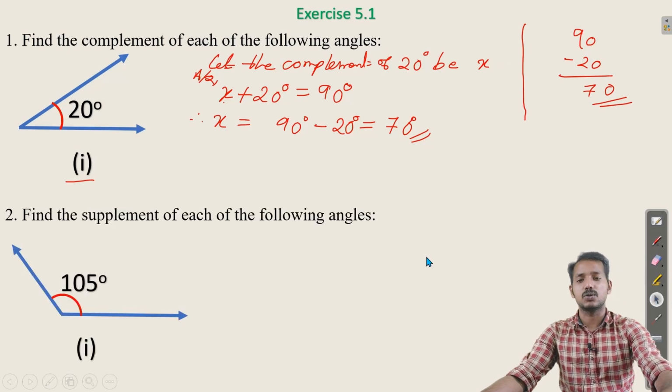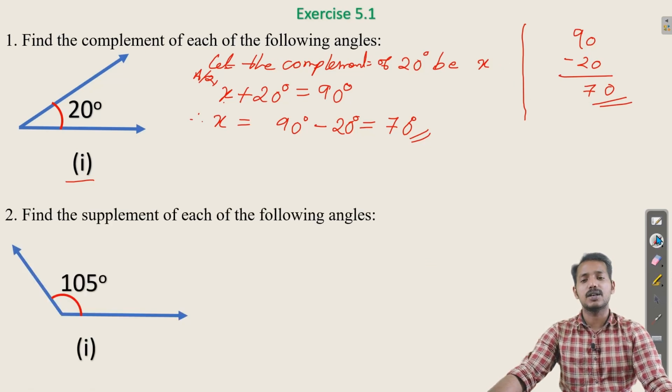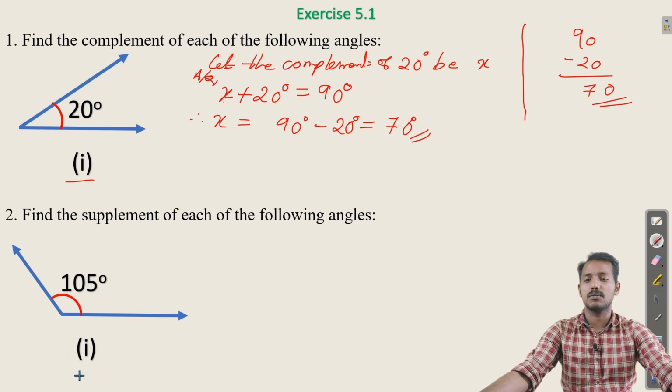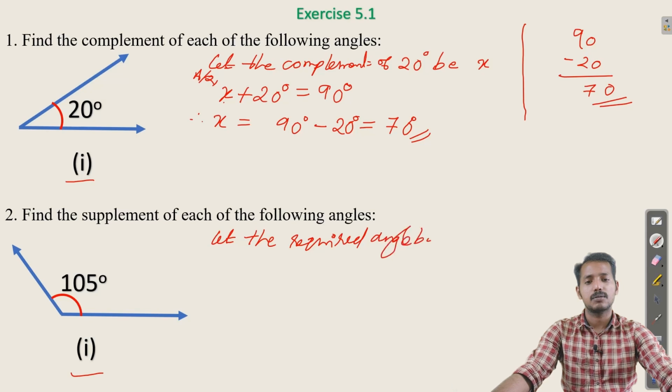Similarly, question number 2: find the supplement of each of the following angles. Option number 1, I am taking here 105 degrees. So let the required angle be x.